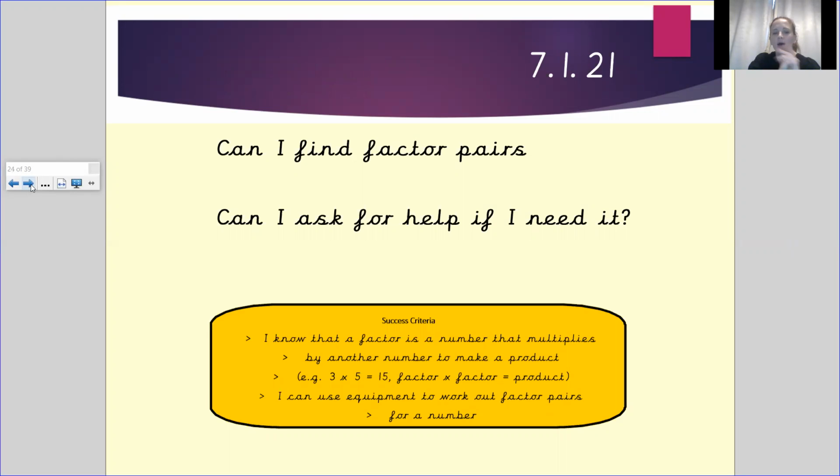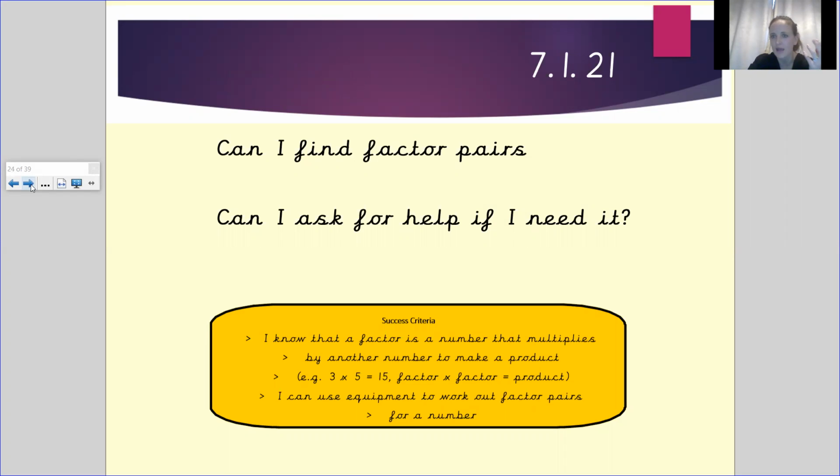To successfully get this lesson today, we are going to know what a factor is. I know that a factor is a number that multiplies by another number to make a product, which we discussed in a previous lesson. A product is the answer to a times table question, a multiplication question. So for example, 3 times 5 is 15.